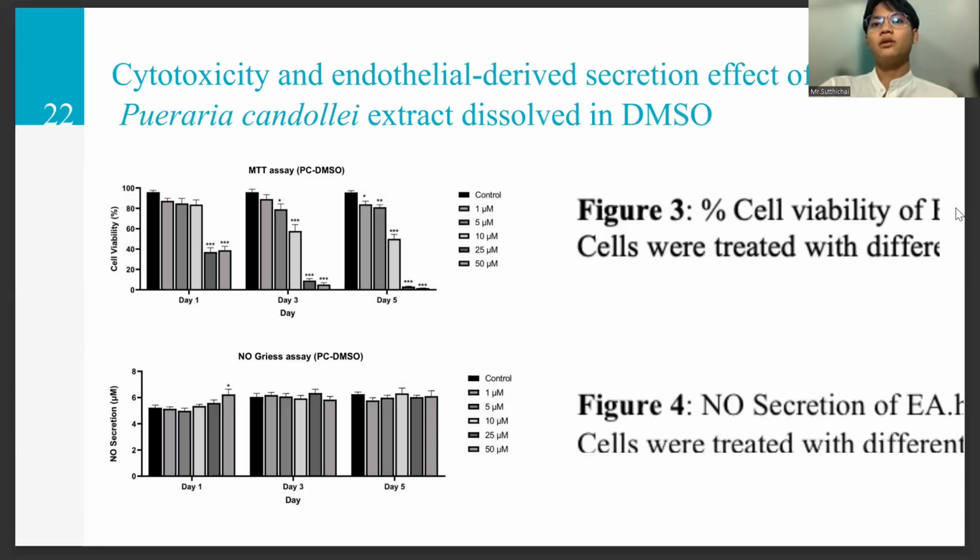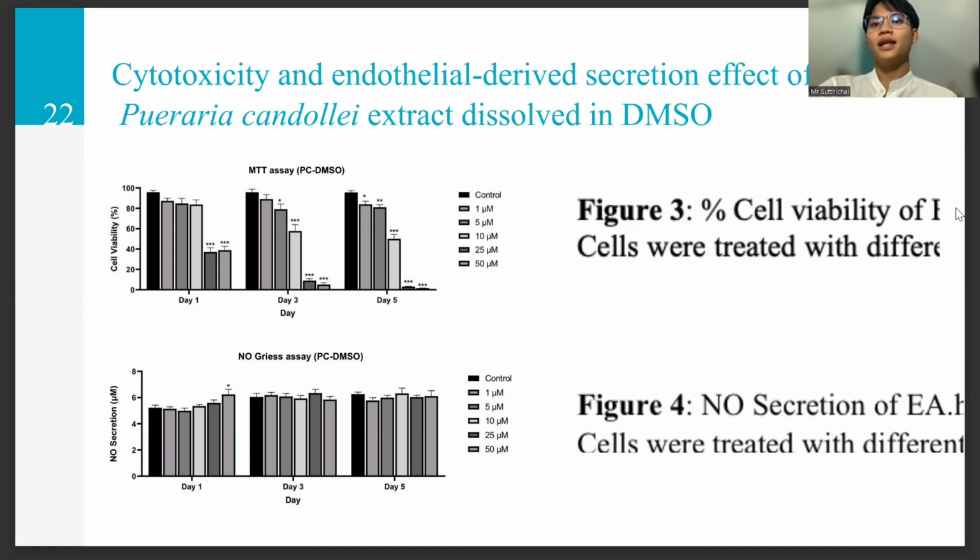The results of cytotoxicity and endothelial-derived nitric oxide secretion of Pearl Lear candidate extract dissolved in DMSO show the percentage of endothelial cell viability treated with PC-DMSO compared with the control group.